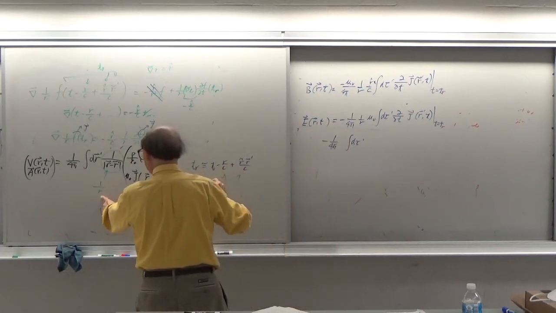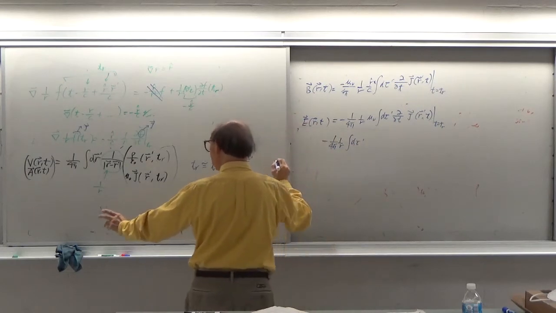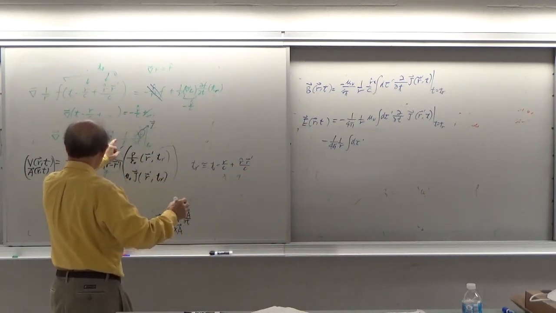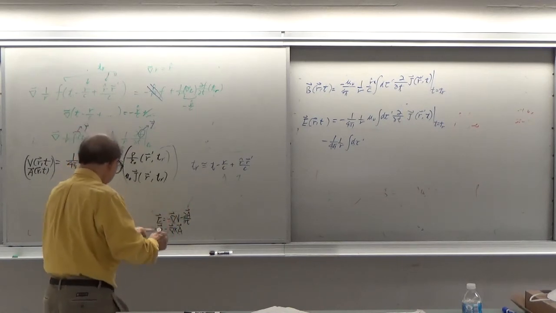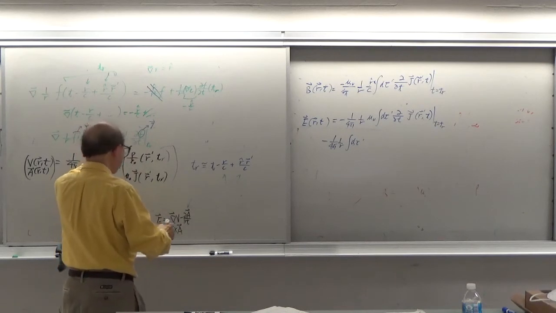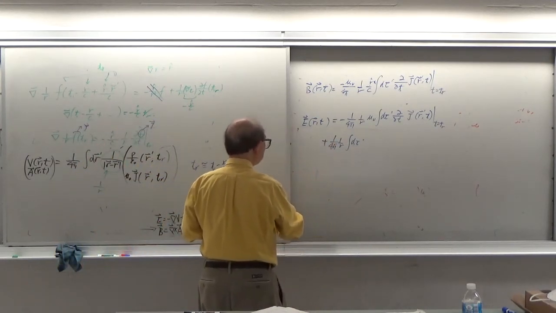The 1 over r factor can be taken outside. What else? Then there is R over C, that's a minus, is plus. Sorry, plus.